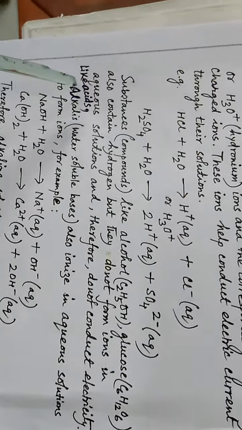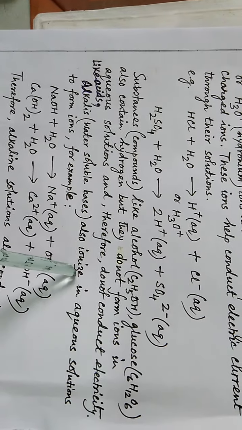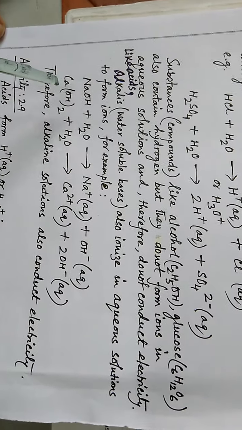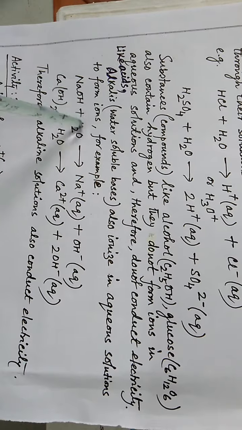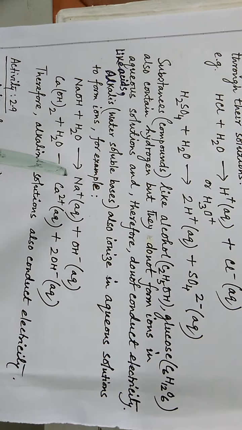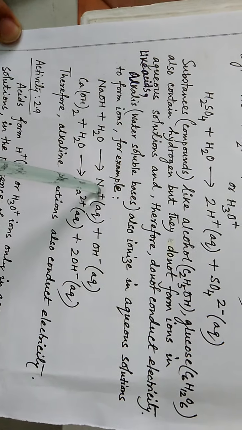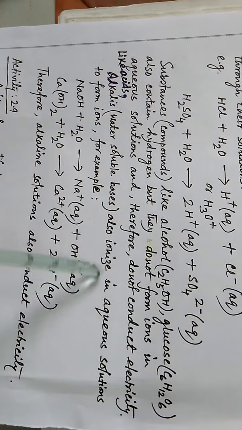Like acids, alkalis, which are water-soluble bases, also ionize in aqueous solutions to form ions. For example, alkalis like sodium hydroxide and calcium hydroxide, when dissolved in water, form ions. The ions are positively charged ions, which are metal ions, and the correspondingly negatively charged ions.